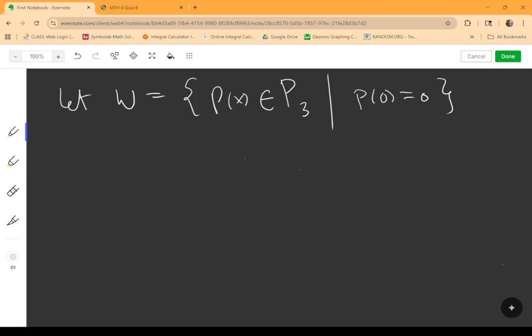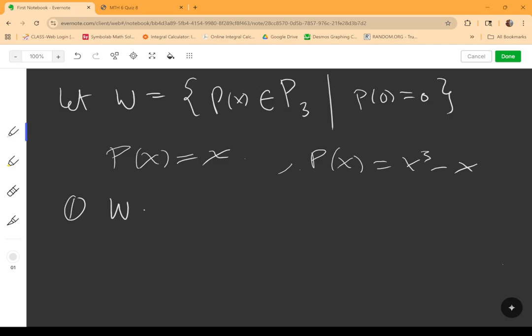In other words, that 0 is a root. Just to get an idea, this would be an example of a polynomial that has that property. Both of these have a root 0, so right away we see that W is not an empty set.